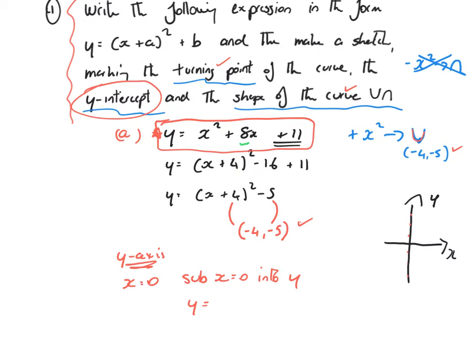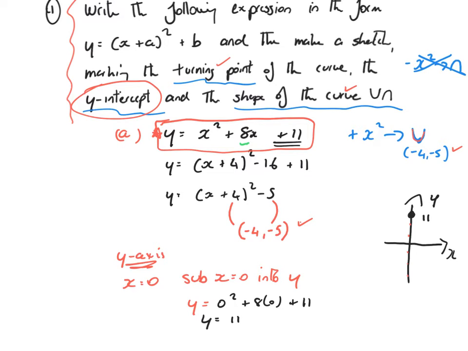So it'll be y equals, well, where I see x, I replace it with 0. So that's y equals 0 squared plus 8 lots of 0 plus 11. So that's 0 plus 0 plus 11, which is 11. Okay, so that means that I do cut the y-axis at 11. So I'm just going to mark that I cut the y-axis at 11.